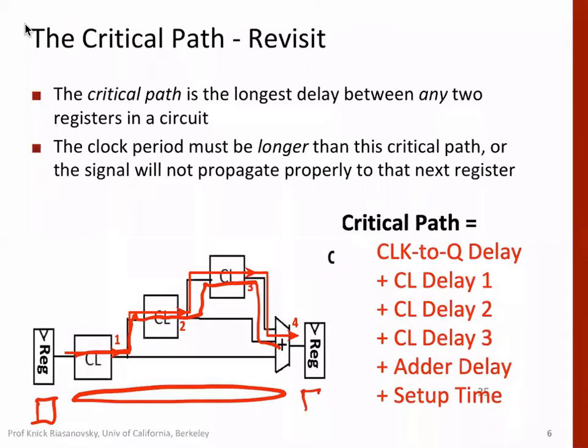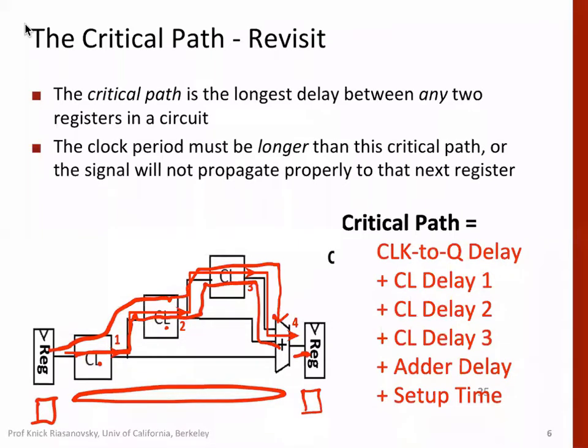For example, you take data from a register, it goes to the ALU, does some addition, and then goes back to a register. So the critical path goes from this register through the first combinational logic, the second combinational logic, then the adder, and finally to the output.